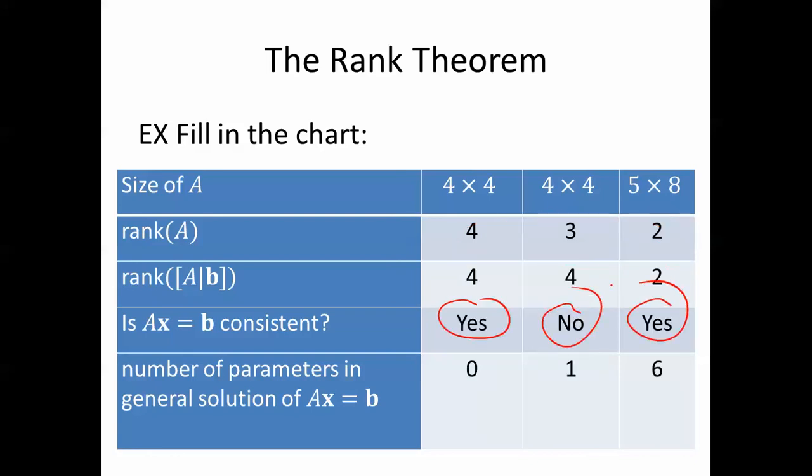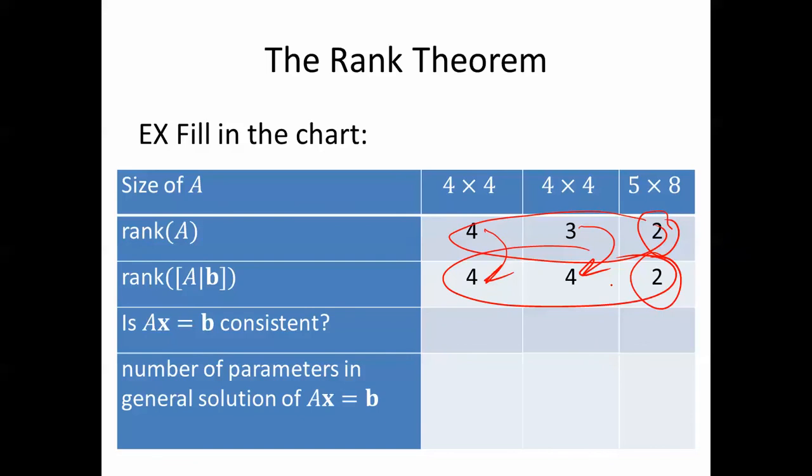Yes. Okay, let's look at the number of parameters in the general solution of AX equals B. Notice A is a 4 by 4 matrix. It has 4 columns, and it has 4 leading variables. It doesn't have any free variables. So the number of parameters in the general solution of AX equals B is going to be 0. There are no free variables.